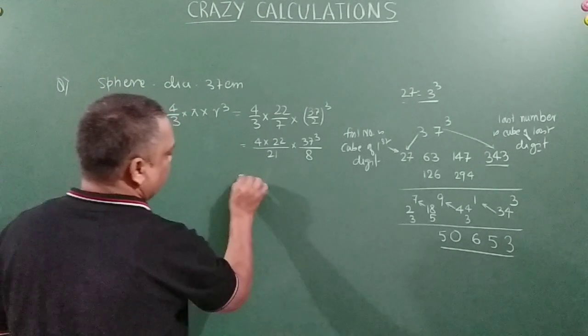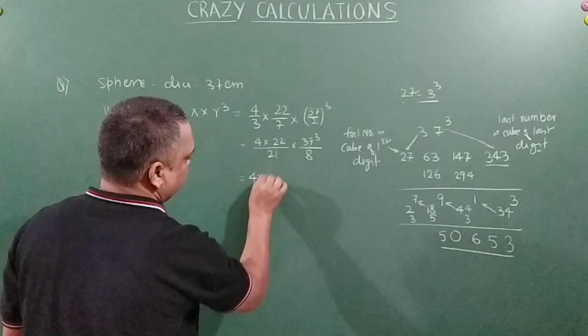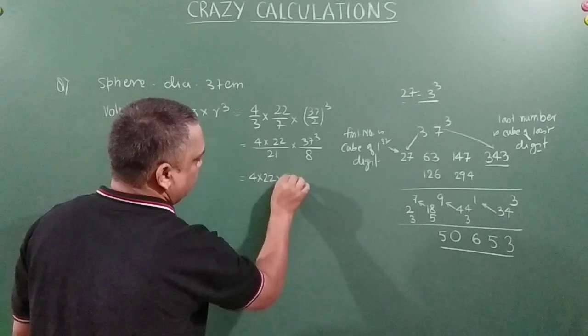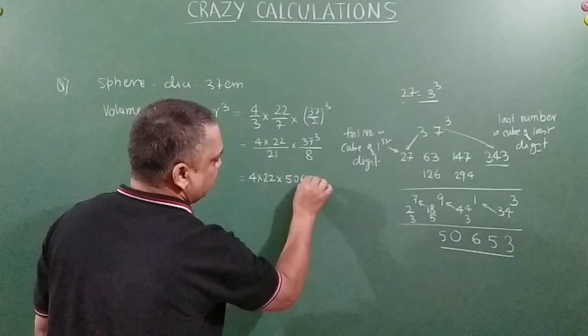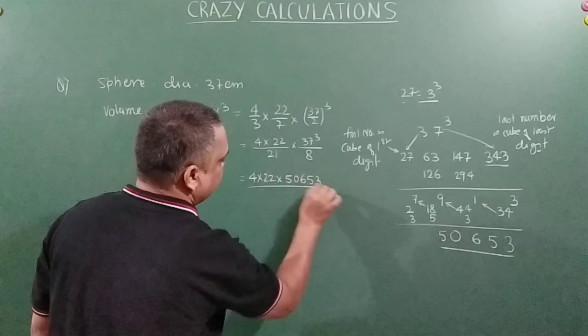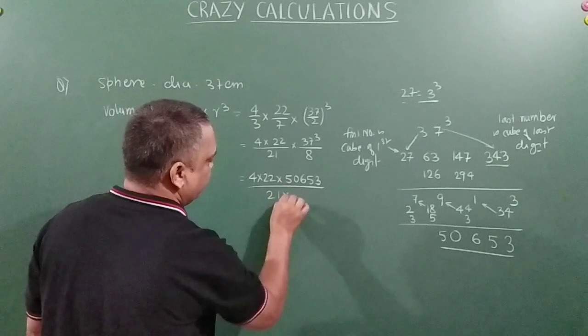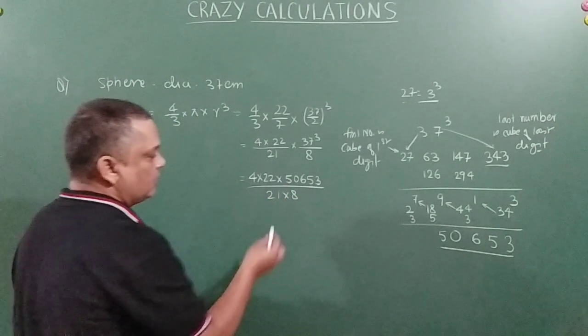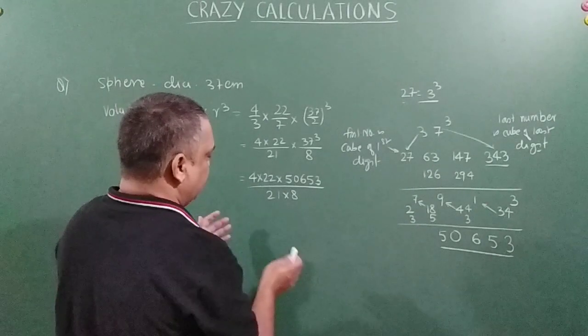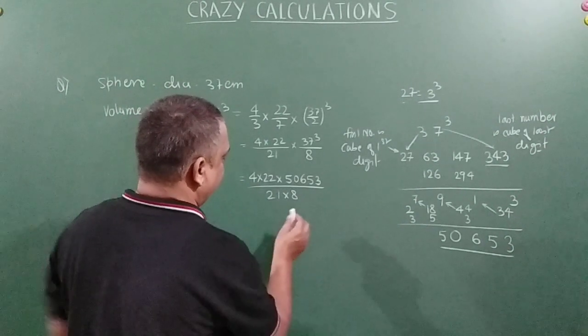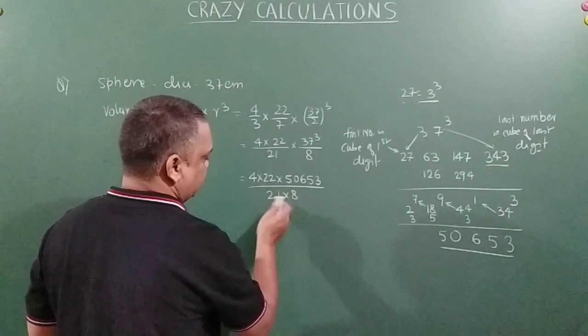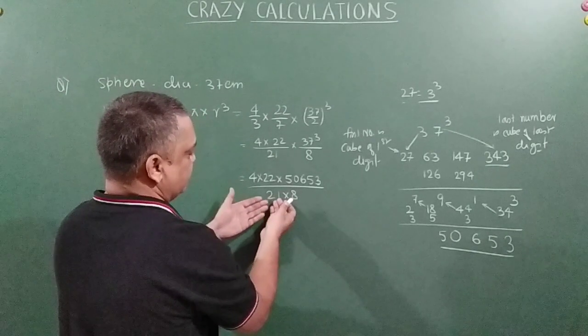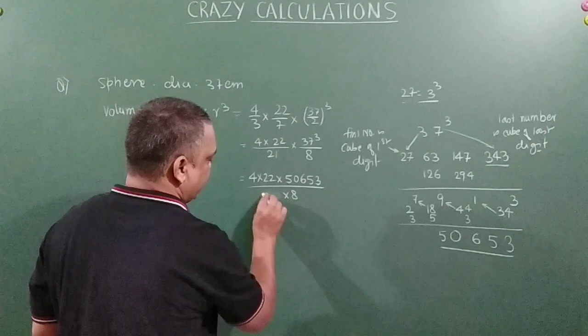Now coming back here, 4 into 22 into 50653 divided by 21 into 8. This is what we have got. Now 21 has a 7 in it, which we can write as 3 into 7.